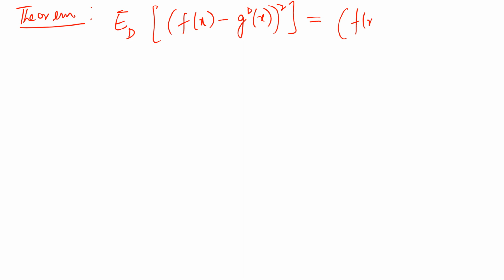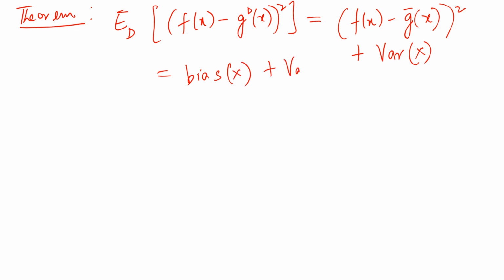The theorem states that the expectation over any data set D of this error term that we just saw, f of x minus g D of x whole squared, is equal to f of x minus g bar of x whole squared plus the variance of x. Note this is different from the earlier term. In other words, this is equal to the bias of x plus the variance.